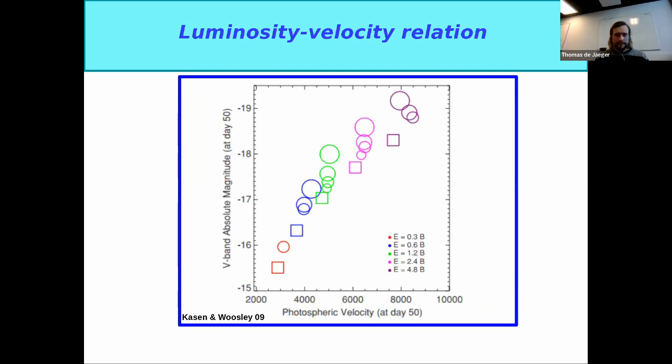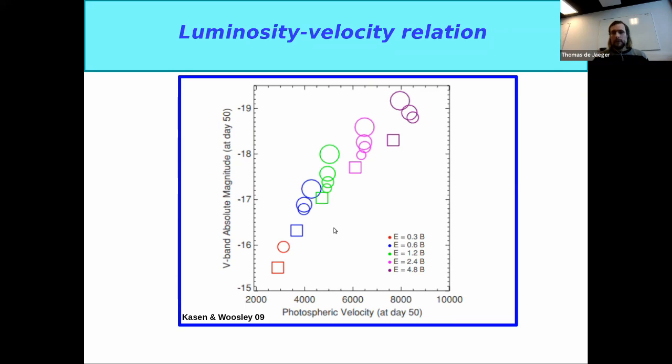This is work done by Kasen and Woosley in 2009, where they use models of type 2 supernovae. They have different energy, shown by the different colors, different mass with the size of the circle, and different metallicity, circle and square.